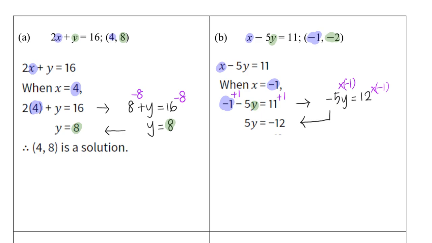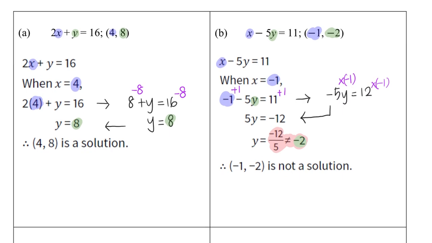We can do the same operation on both sides of the equation to solve for the equation. And after which, we are going to divide by 5 on both sides. And when I do that, it does not equal negative 2. Because after substituting for negative 1, it does not give me back negative 2, so this ordered pair negative 1, negative 2 is not a solution of this equation.